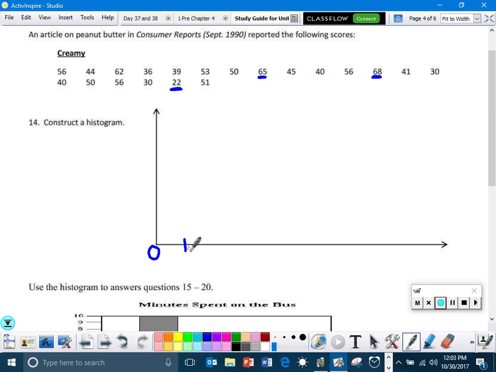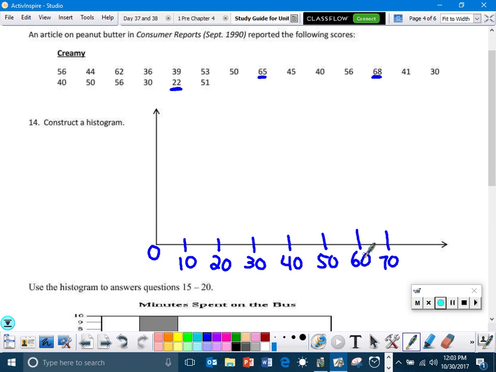So 0, 10, 20, 30, 40, 50, 60, and I must go up to 70 because the biggest number is 68. Okay, so I'm going to put my numbers in now. 10, 20, 30, 40, 50, 60.